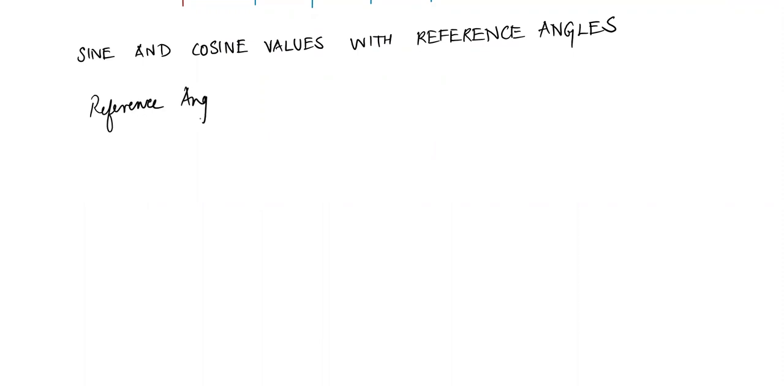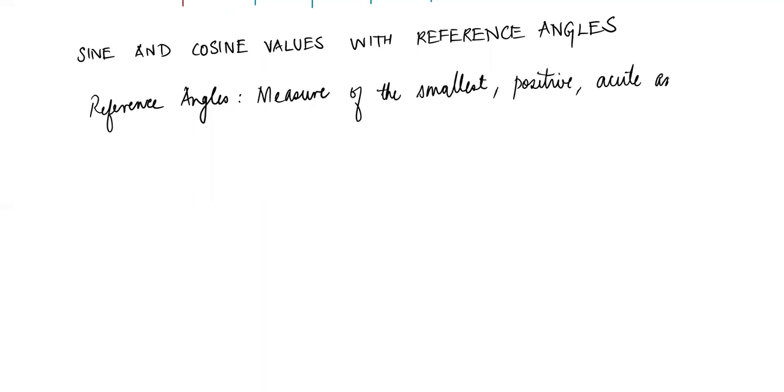By definition, a reference angle refers to the measure of the smallest, positive, acute angle formed by the terminal side and the horizontal axis.